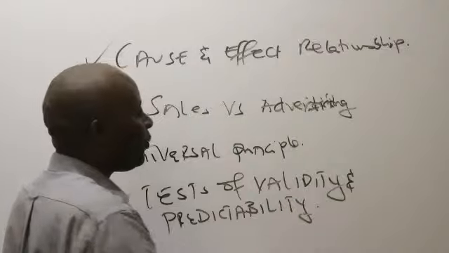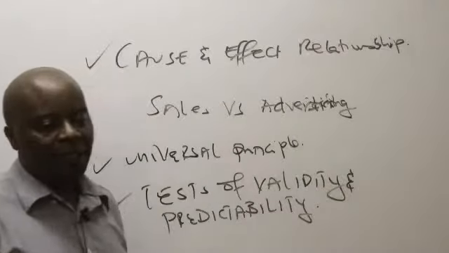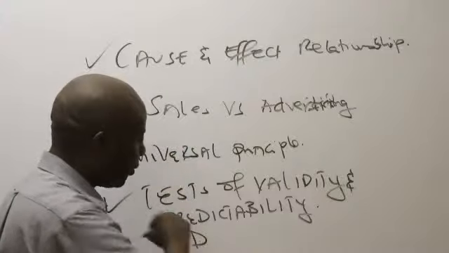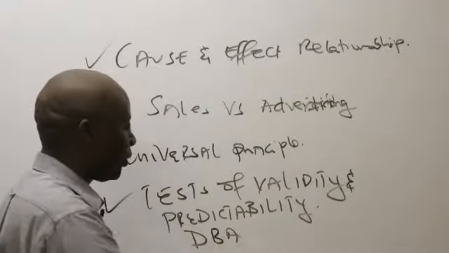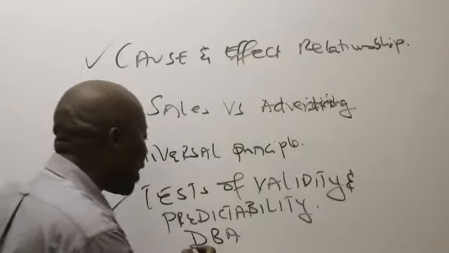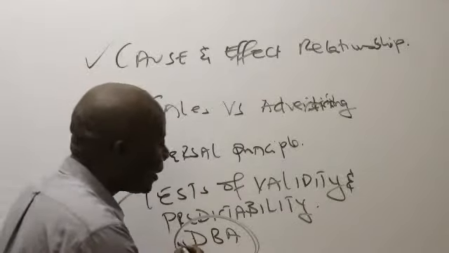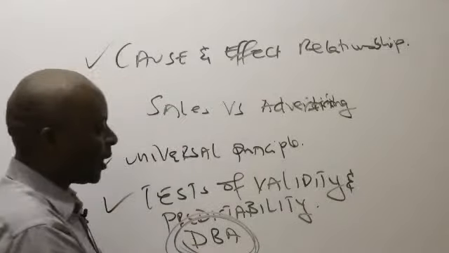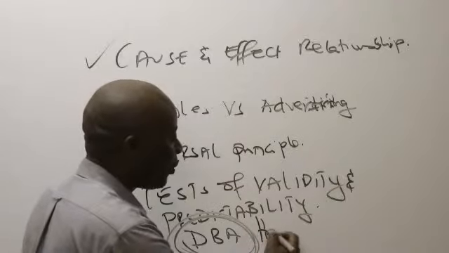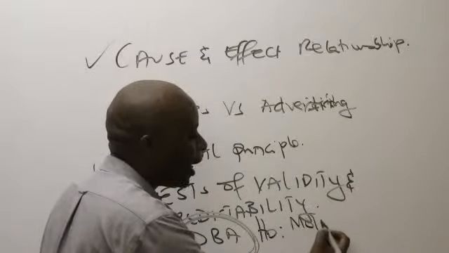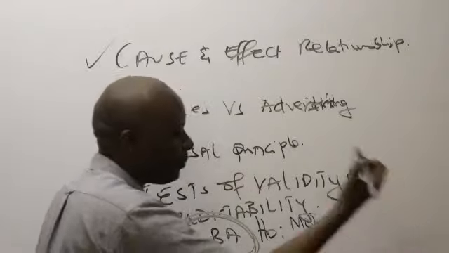For those of you who have done your MBAs and PhDs, at the end of the day, if, for example, you are doing a doctorate in business administration or management, you're going to come up with a concept paper. You're going to come up with, for example, a null hypothesis: the more I motivate my workers, the more the productivity.